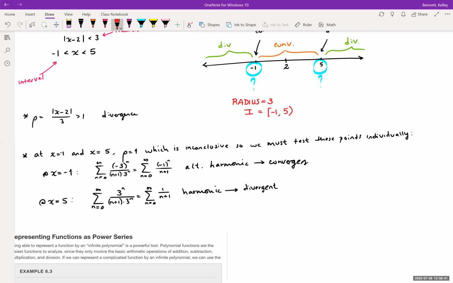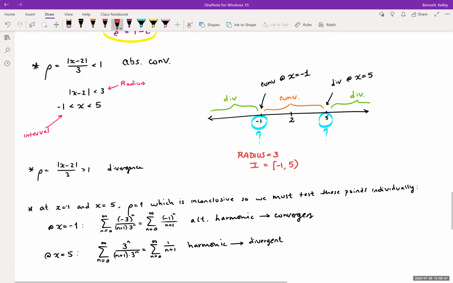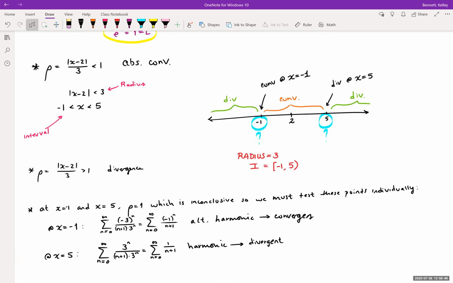So we just added one more point to our interval where it's going to converge. The moral of the story is when you get a finite radius of convergence using the root or the ratio test, because those tests are inconclusive when rho is equal to 1, you need to figure out what makes rho equal 1 and then test specifically at those values.